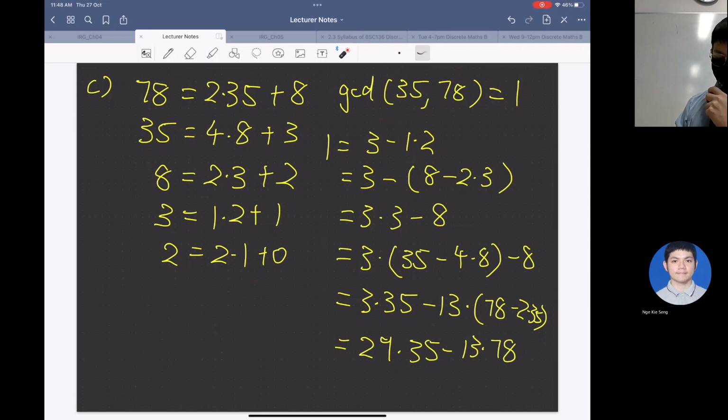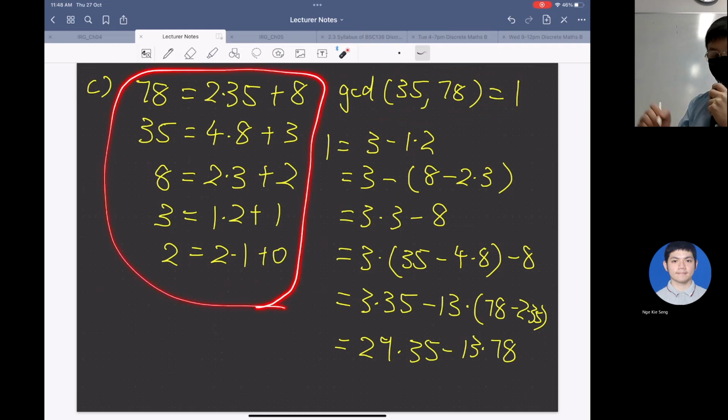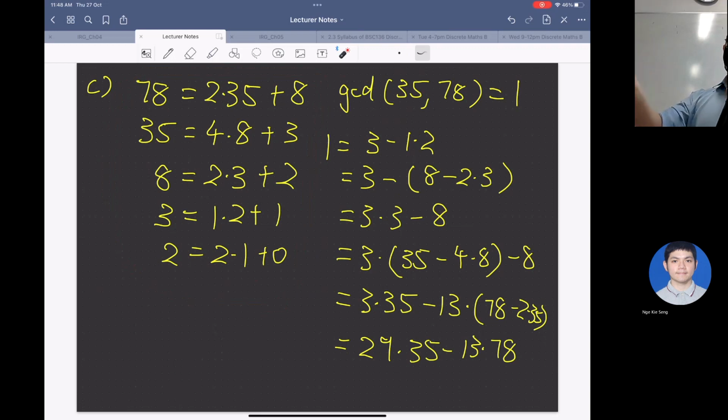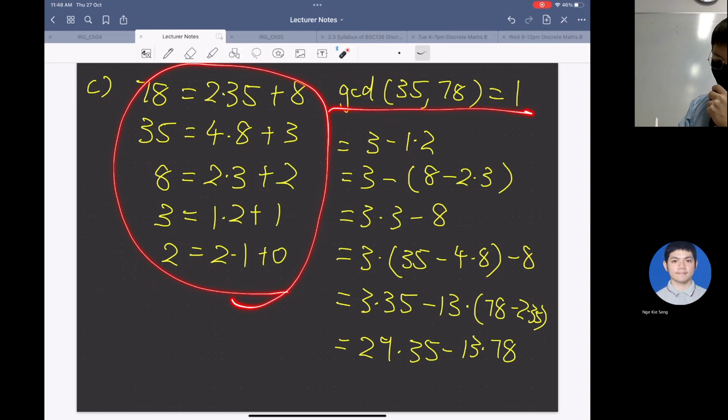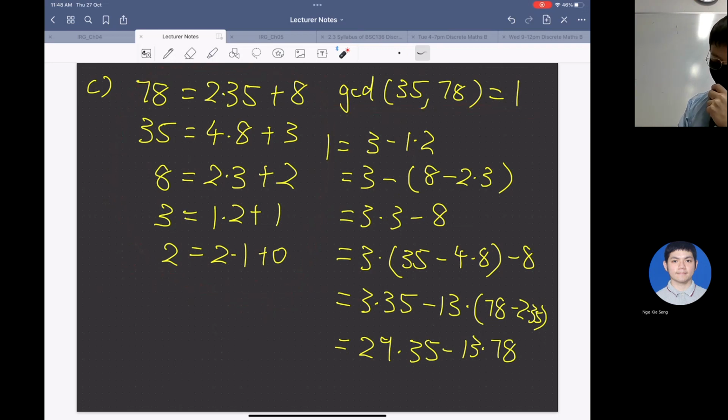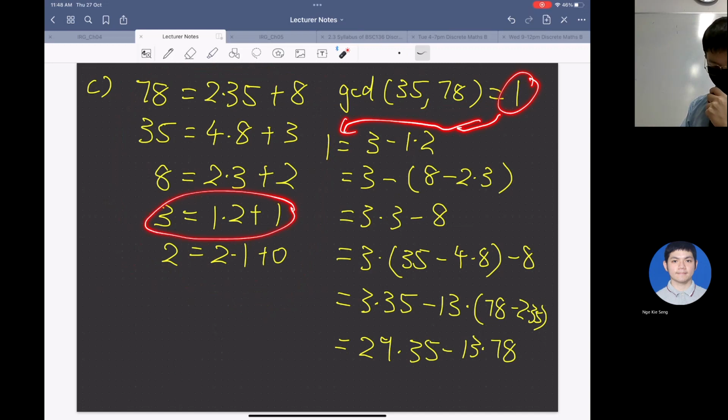Then, of course, you need to perform the Euclidean algorithm first. That's why we call it the extended Euclidean algorithm, right? Because you start with the Euclidean algorithm and then you extend. You find the GCD, and then express it. This is actually the remainder of one equation. Express it with 3 and 2.